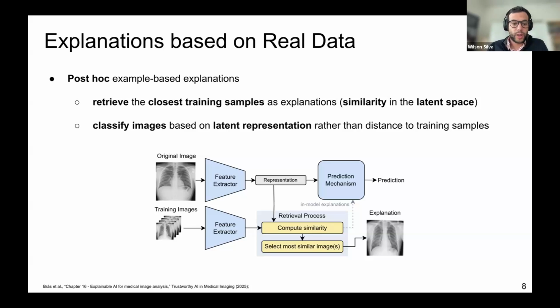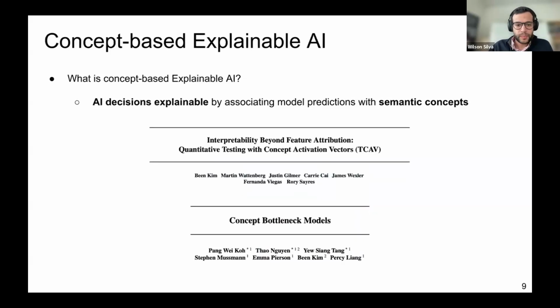And then we measure this similarity in a semantic space that is associated to the task we are trying to solve. And by retrieving the most similar cases to the current one, we also can explain these models. And this is like an overview of example-based explanations.